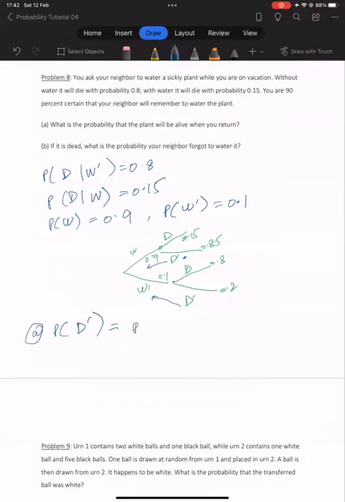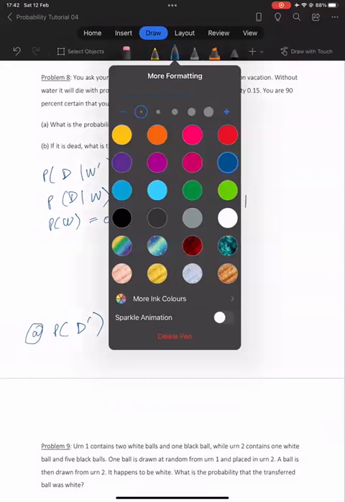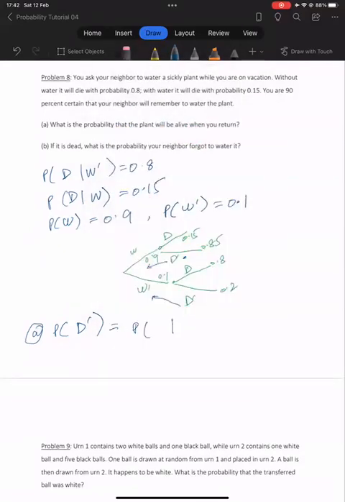Given that you watered it, oh, okay, yeah, it's working now, and it doesn't die, into the probability that you watered it.